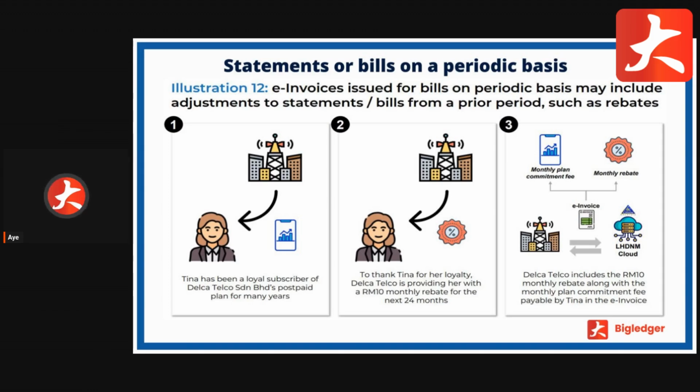To thank Tina for her loyalty, Delta Telco is providing her with a 10 ringgit monthly rebate for the next 24 months. So when Delta Telco is issuing the e-invoice, they need to include this 10 ringgit monthly rebate in their e-invoice also. This means all the details, all the lines, all the items on the statement must be submitted in the e-invoice.